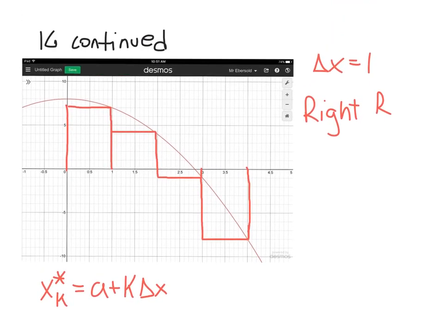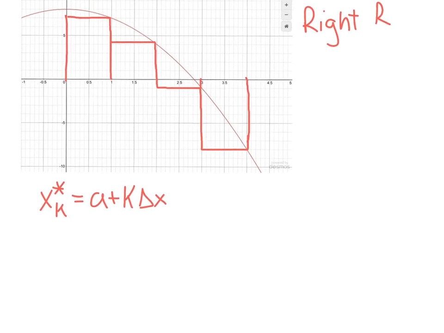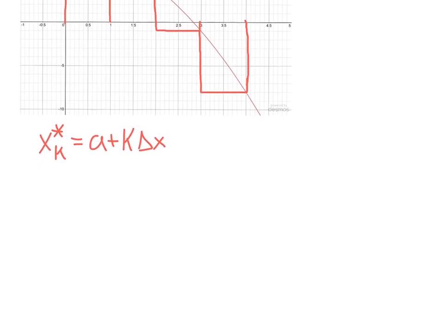So, okay, let's go through that again. So we're still looking at 4 rectangles. I guess we should do this, right? So then this, for our case, would be 0 plus k times 1.